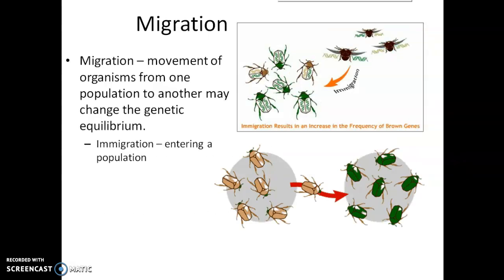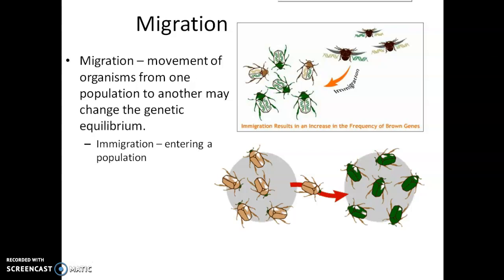And then we talked about migration. There are lots of instances in the natural world where we have different individuals moving from one population into another. The 2 main parts here: if they immigrate, with an I, in, they go into a new population, they are bringing their genes with them.